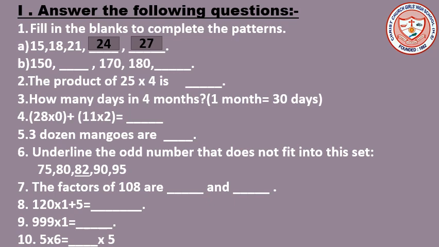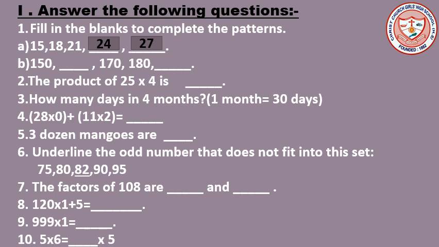Now, question number B. The first number is given, that is 150. Then dash, then comes 170, then 180, and we have to find out the next number that comes after 180. So here we can see that the difference is 10.